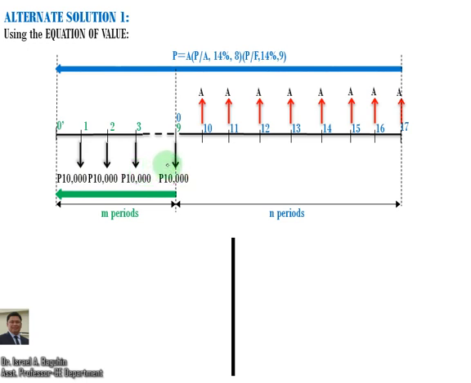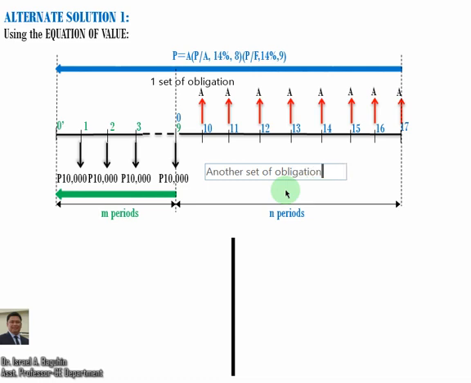Okay, I hope you can still recall the equation of value. So here we will assign this one as one set of obligation, and then below we will assign this here as another set of obligation.